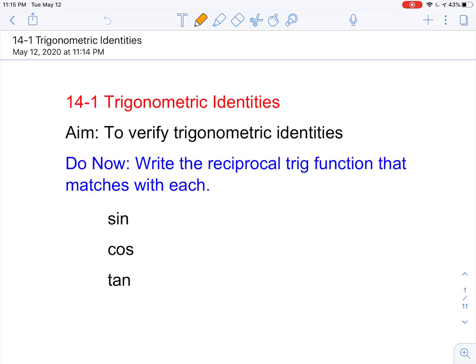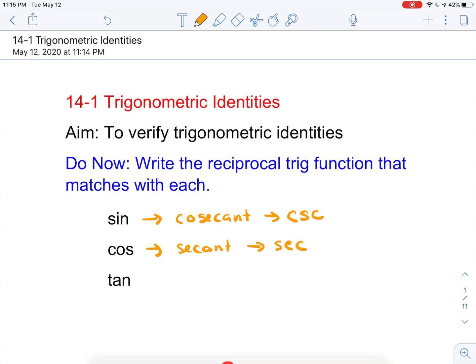Each primary trig function, sine, cosine, and tangent, has a corresponding reciprocal trig function, because the ratios of sine, cosine, and tangent can be flipped to create these. The reciprocal trig function associated with sine is called the cosecant, with the symbol CSC of whatever our theta is.